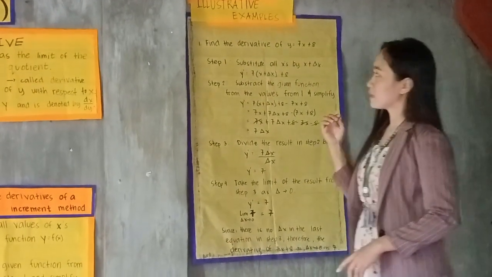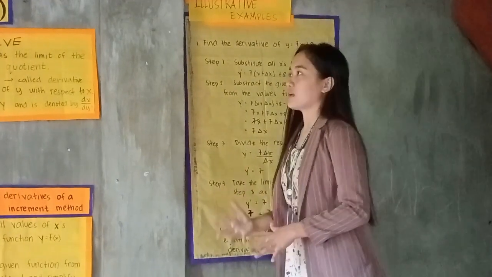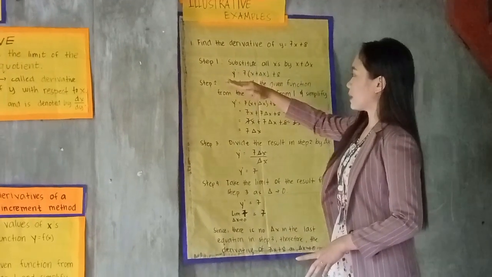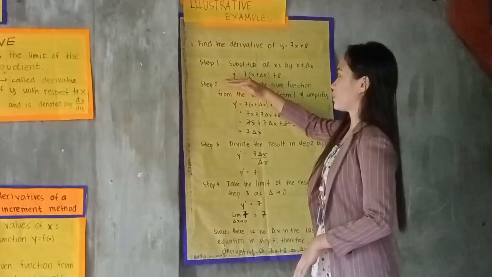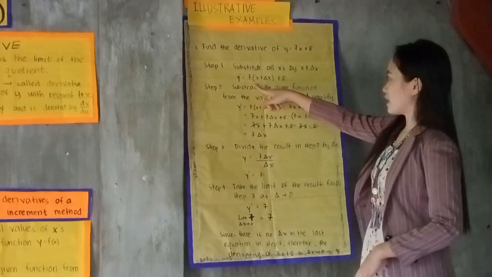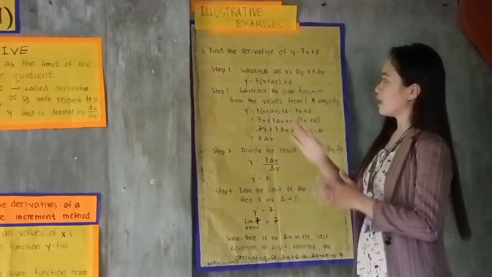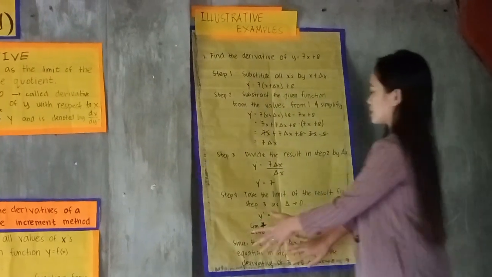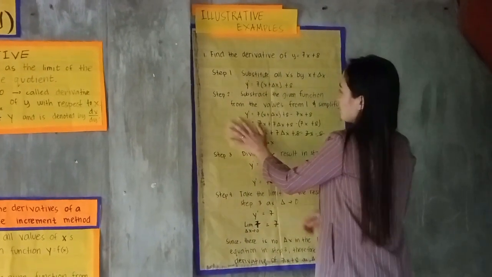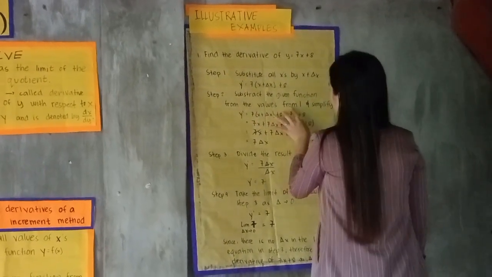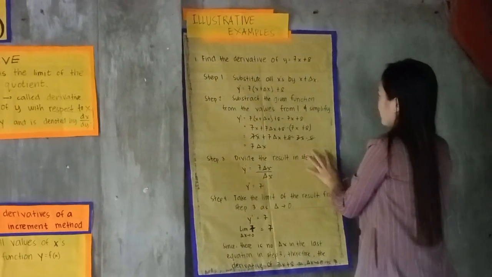Since we derive na. So, ang pagbasa nito ay y prime equals 7 times the value of x, plus 8. After step 1, let's proceed to step 2, which is we need to subtract the given function from the values in step 1 and simplify.